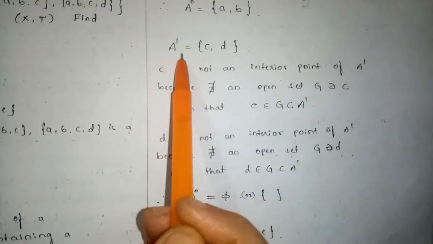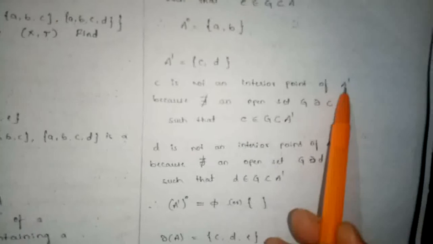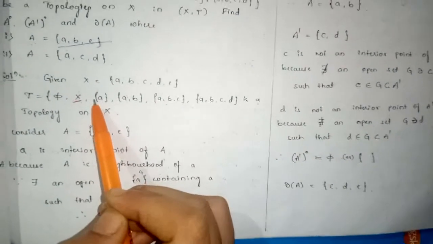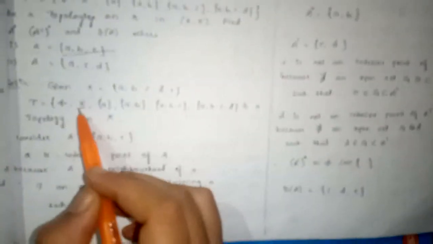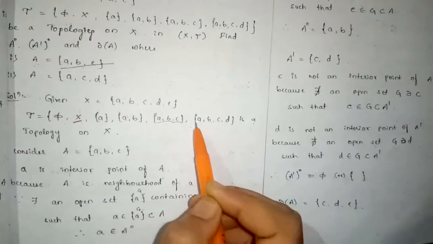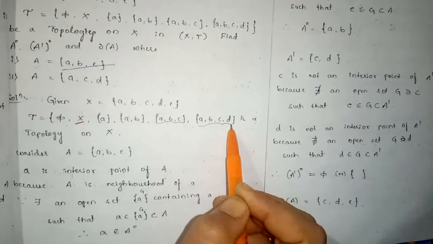of the A complement. Here observe that c is not an interior point of A complement because there does not exist an open set G such that c belongs to G and G is a subset of A complement. Here observe that there does not exist any open set containing c that is inside A complement. Here X is an open set containing c, {a,b,c} is also an open set containing c, and {a,b,c,d} is also an open set containing c.